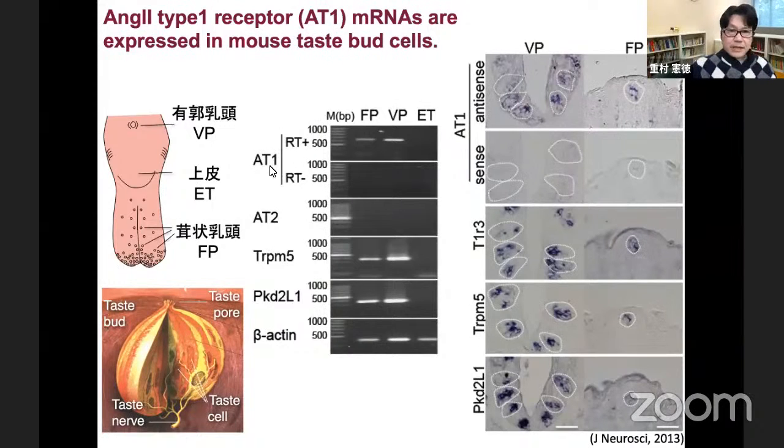The results show that AT1 angiotensin II receptor is expressed in a subset of taste cells in both fungiform papilla and vallate papilla, not in epithelial tissue without taste buds.